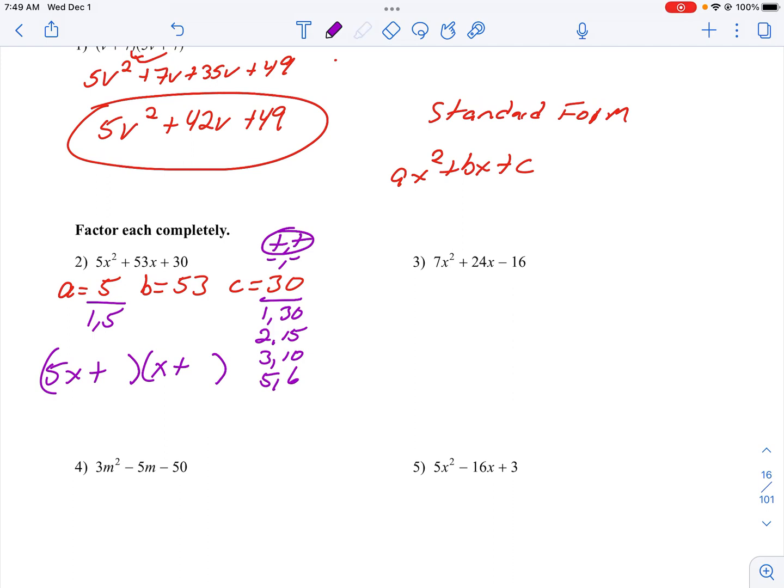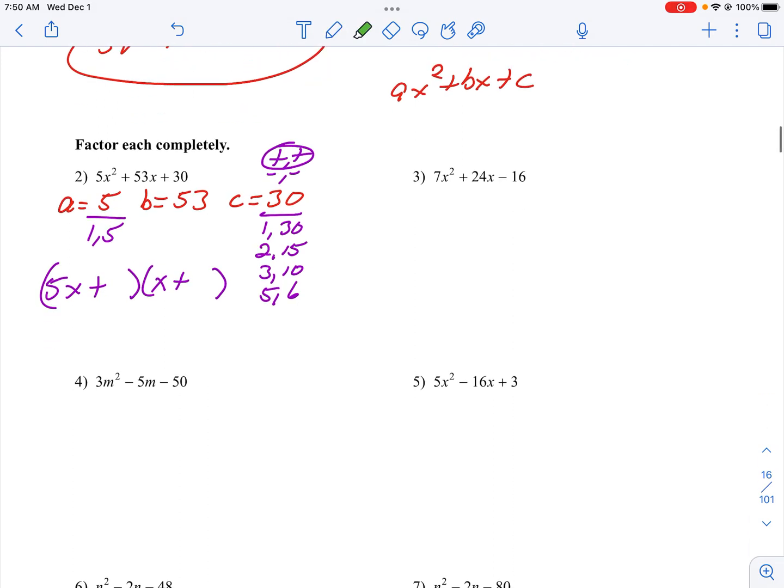All right, I'm going to try a combination of 3 and 10. I'll put the 3 there and the 10 there. That's my guess. Now I have to check it, and I check it by doing my distribution: 5x squared plus 15x, then I distribute the 10, and then 30.